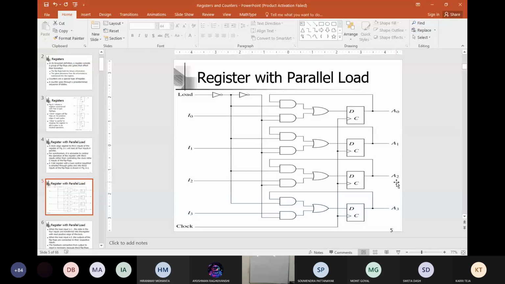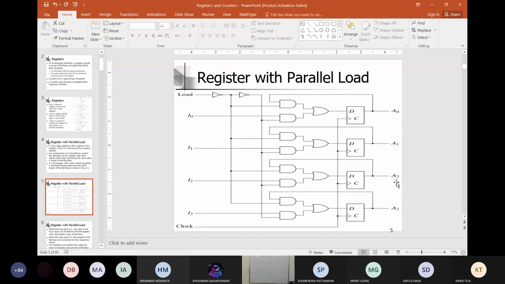Everyone, now this circuit and the previous circuit, are they both same or they are different? Definitely different. But the work is same. Isn't it? Yes.